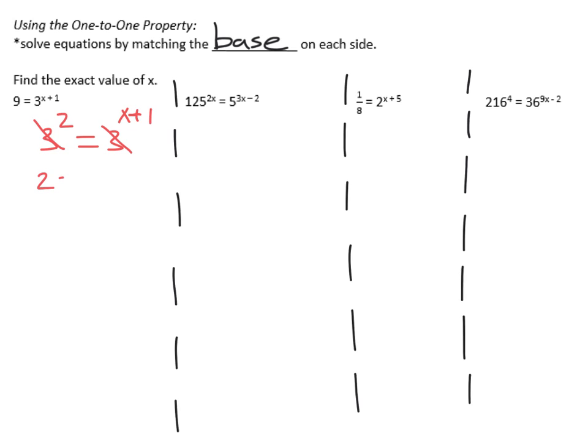You don't have to worry about them, and you can just work with what's in the exponent. It's kind of nice. If you can use the one-to-one property to get your bases to match, it's a good thing. It's almost like the fact that it's an exponential equation doesn't really matter anymore, right?